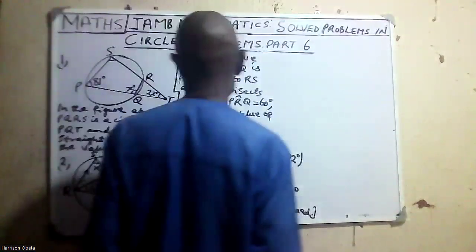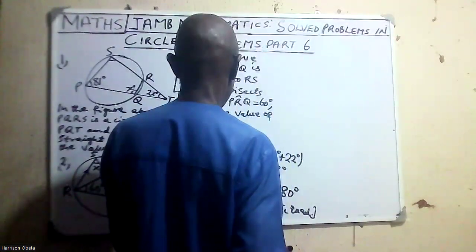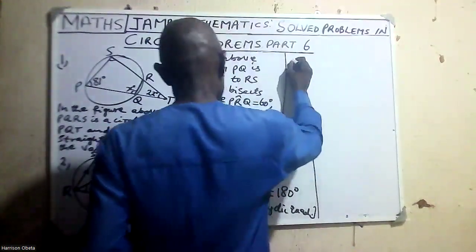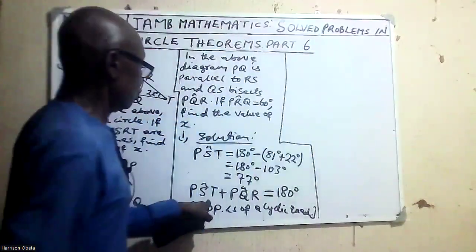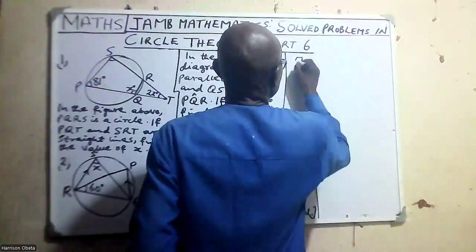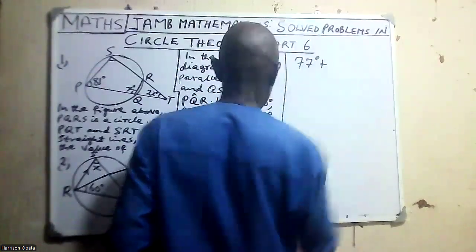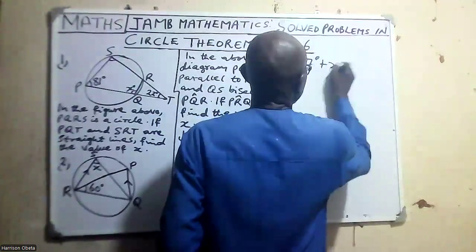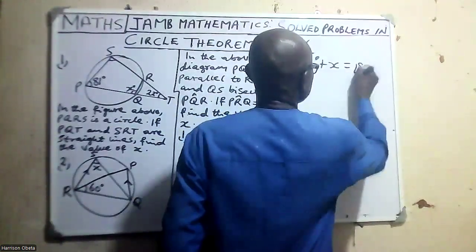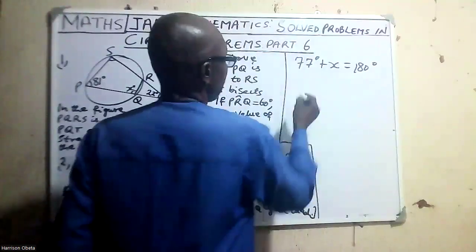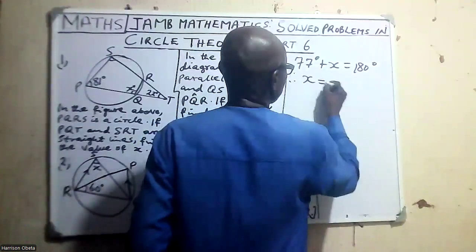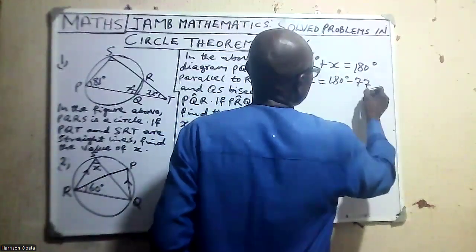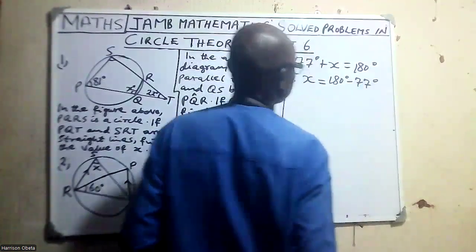We're saying that PST, which I've gotten as 77 degrees, plus PQR, which is X, is equal to 180 degrees. And that means that our X should be equal to 180 degrees minus 77 degrees.